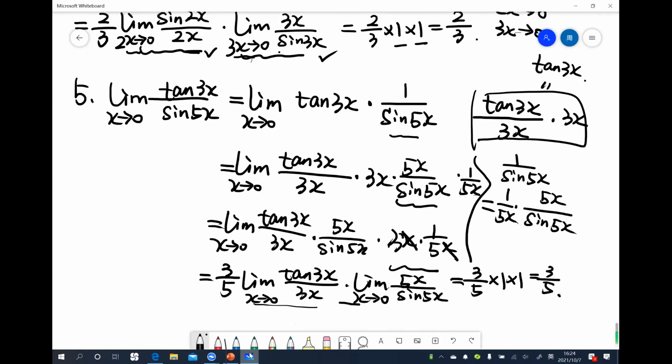So above, we have introduced one very, very important formula. You should remember it and know how to use it well. That is very important for calculating limits in this part. And of course, that will appear in the final exam, right?